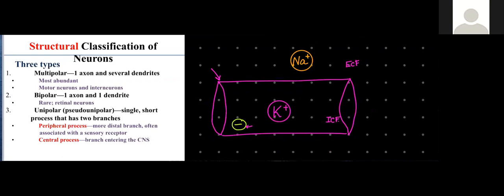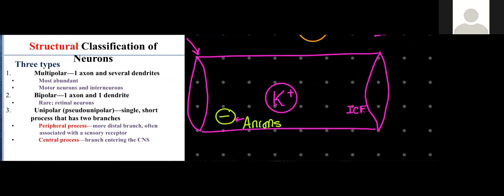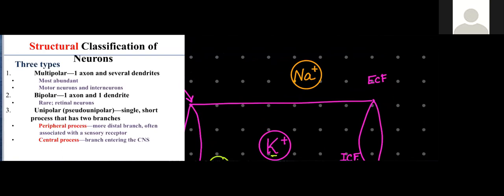So again, the ion distribution across the cell membrane: inside of the cell, I have much more negatively charged ions. Those are called my anions compared to the outside. The major cation located inside of the cell is going to be my potassium. And the major cation outside of the cells in the extracellular fluid is going to be my sodium.